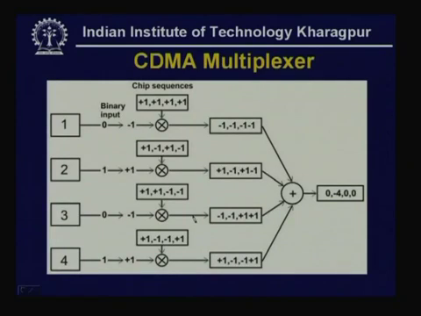As you can see, how the multiplexing is done is shown here. Here the binary data is coming from four different sources, say station 1, station 2, station 3, station 4. From station 1, 0 is coming, from station 2, 1 is coming, from station 3, 0 is coming, from station 4, 1 is coming.